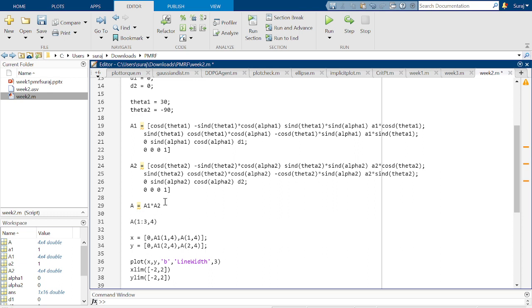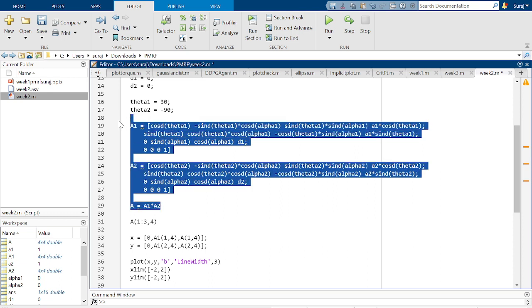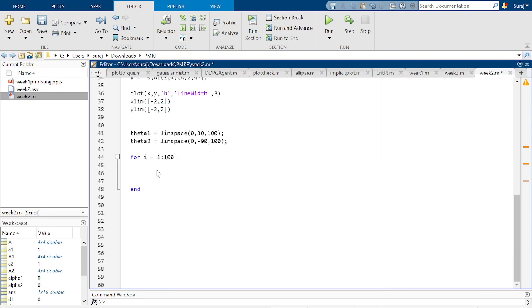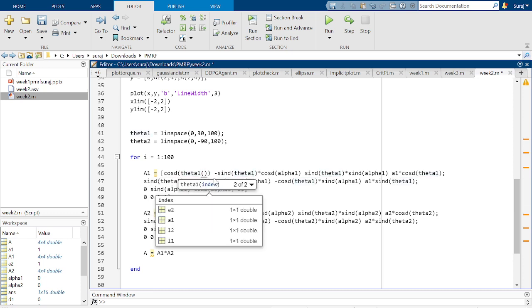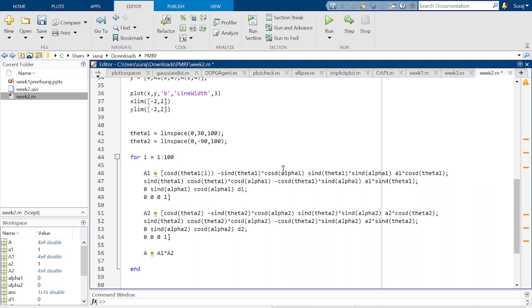We can use a function for this, or we can just copy this code inside. Now theta 1 and theta 2 are all arrays, right? So we want to say the ith element of theta instead of theta.